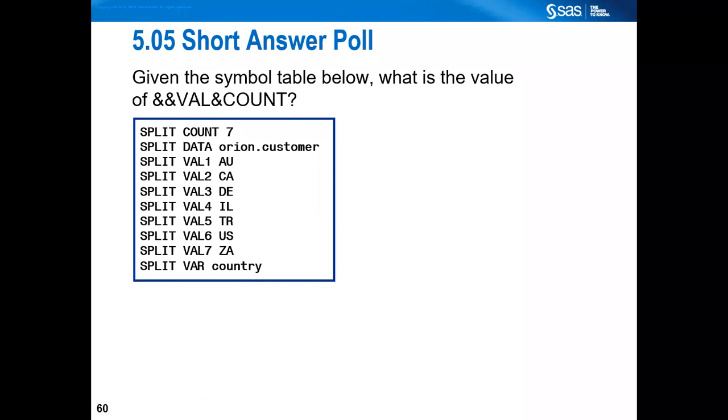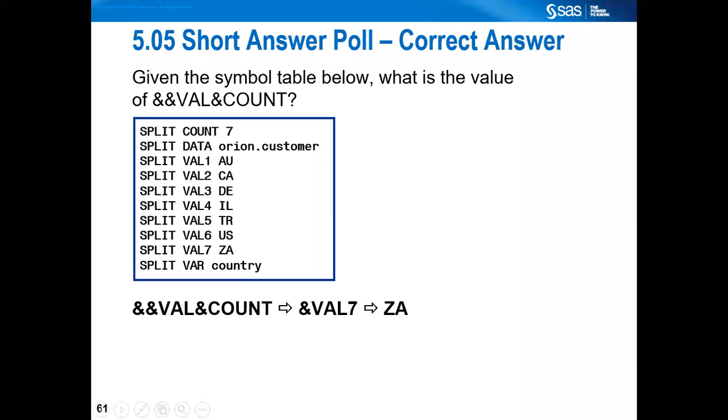Always think, when you have a double ampersand, it will resolve to a single one. So it will be &val, whereas in the first scan itself, &count. So what is the value of count? 7. Correct? So in the first scan, it will resolve to &val7. And in the second scan, &val7 means you already have a macro variable &val7, so it resolves the value as 0. Understood now? This is how it will be.